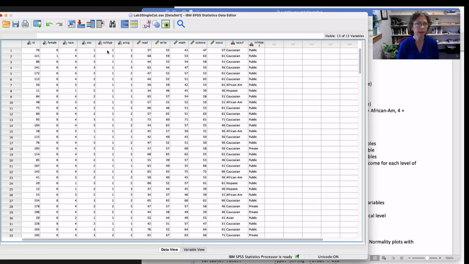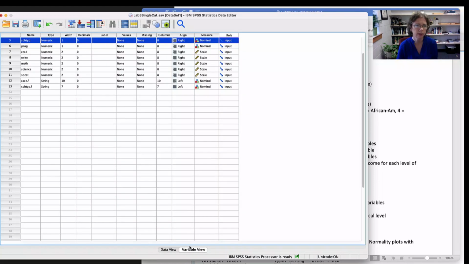See what I mean? But the ones we're going to put the labels on are this race variable and this school type variable, not here. We're going to leave those as nominal variables. We're going to come over to race and school type where it's got the numbers and put the labels in the variable view.